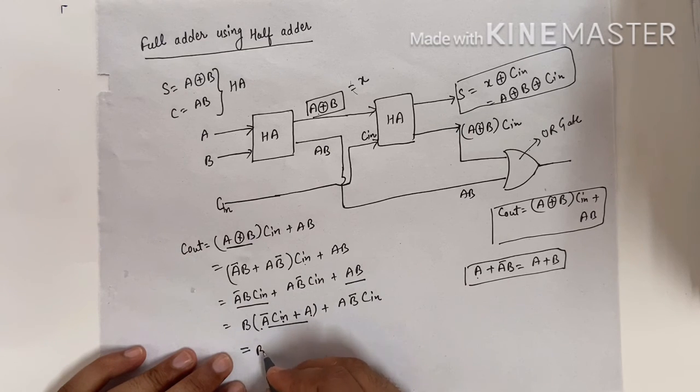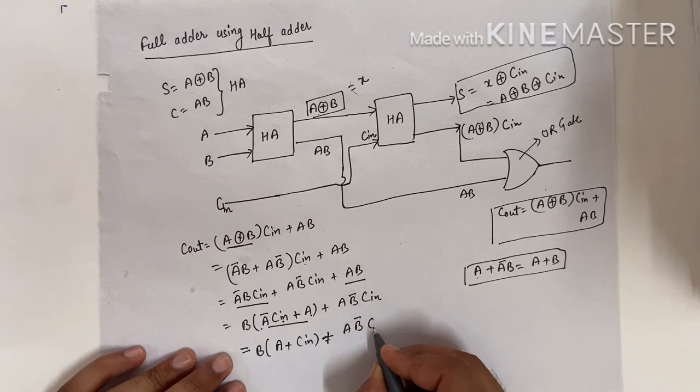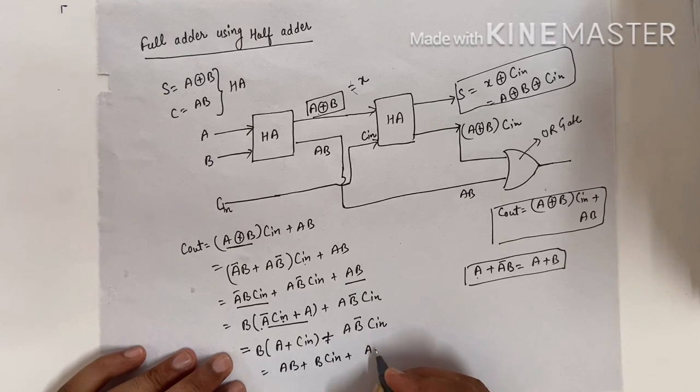Then we can write here B times A plus C input, plus A B complement C input. Then we can multiply B in the bracket. We can get AB plus B C input plus A B complement C.